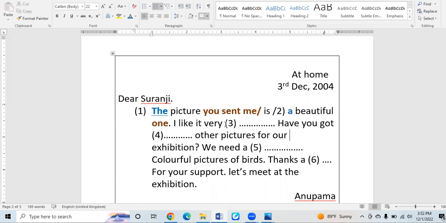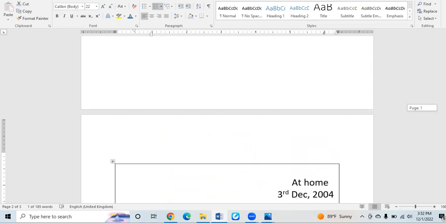So we have to write here another determiner or adjective, because "very" will come to explain more about a noun or an adjective. So what sort of adjectives do we have in this list?